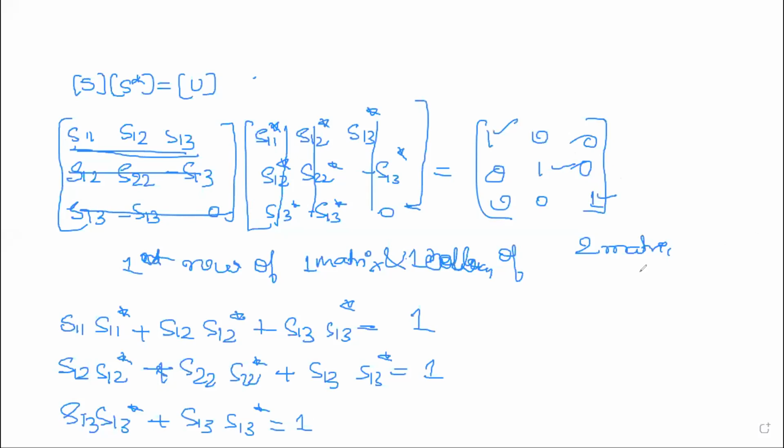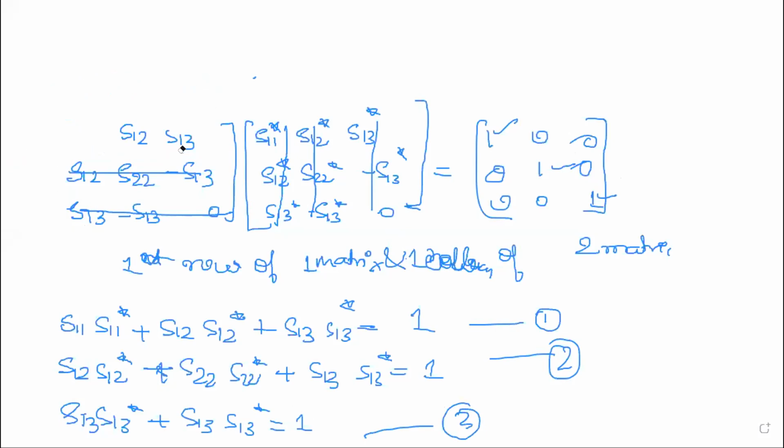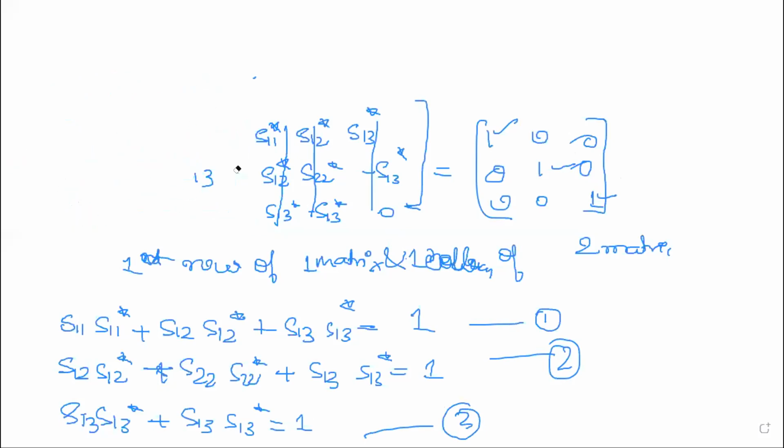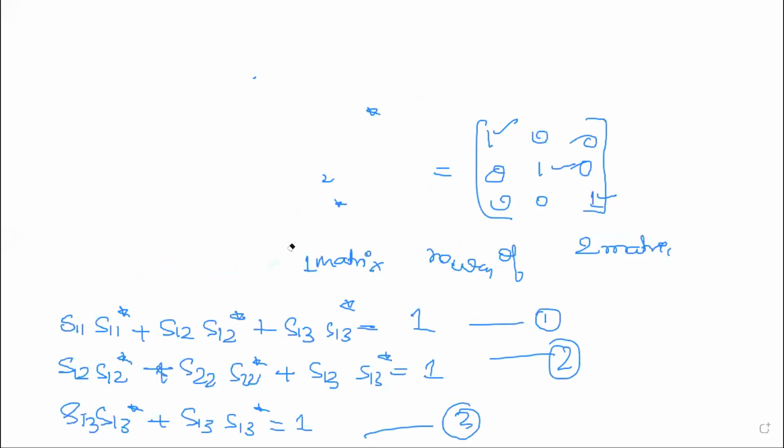Okay. Make this equation as 1, this equation as 2, and the third equation as 3. Any idea how you can simplify this? What is the value of S11 into S11 star? Or how can you write anything which is written as a number and its complex conjugate?